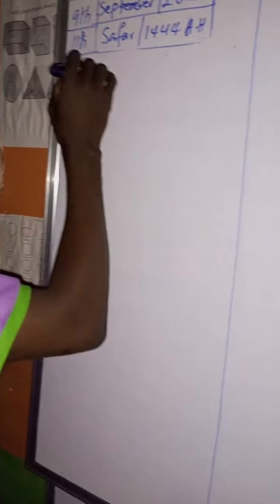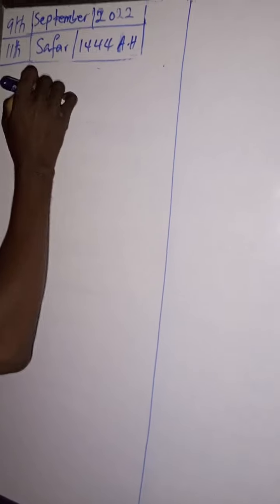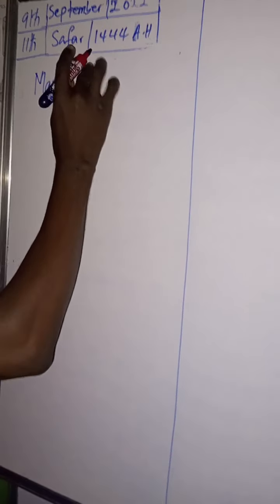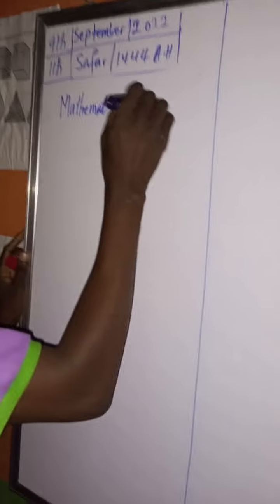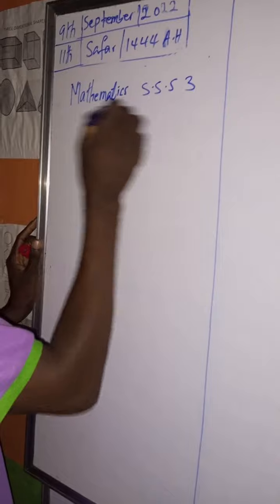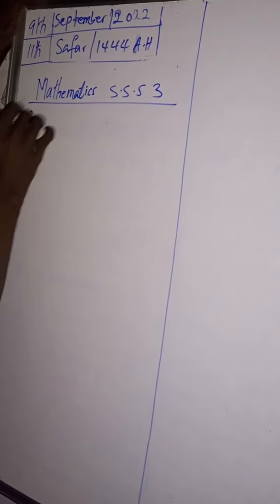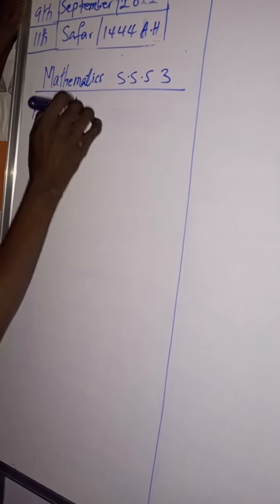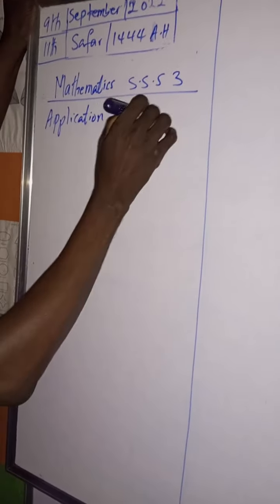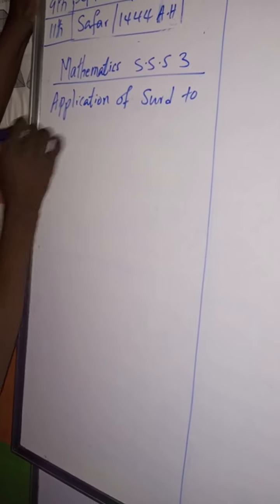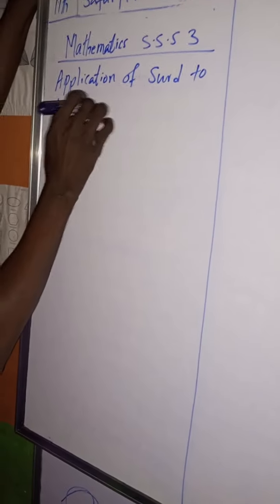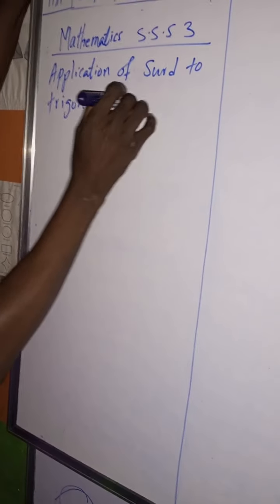We are on to our mathematics, SS3. That's the third topic: application of surds to trigonometry ratio.